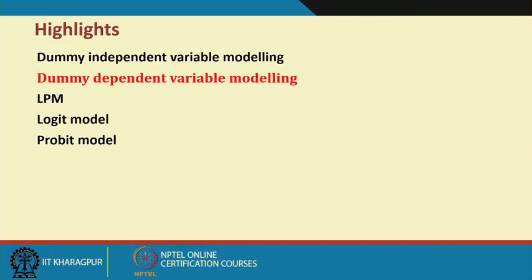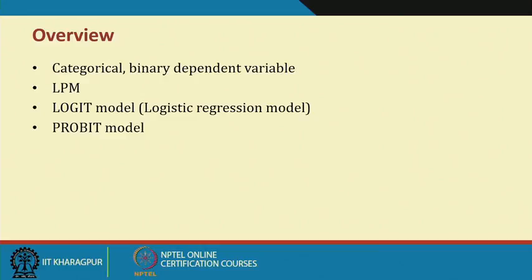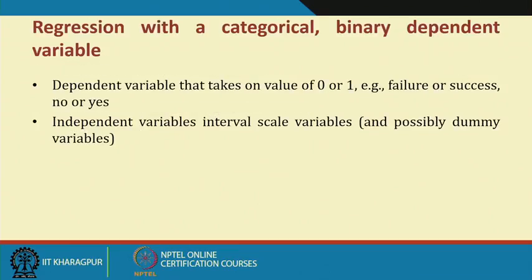The linear probability model is a kind of linear regression modeling, and logit and probit are a cluster called nonlinear regression modeling, in a dummy setup. Let us first understand the dummy dependent structure altogether.